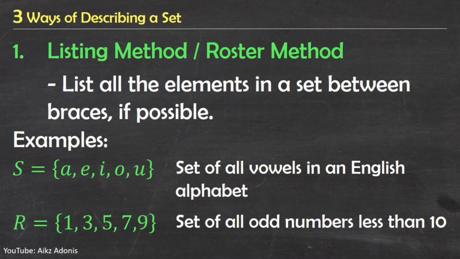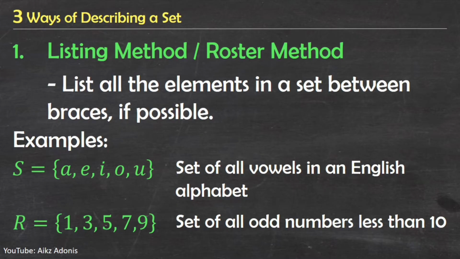For example, the set of all vowels in the English alphabet is represented by the set S, wherein the elements are a, e, i, o, u. As you can see, the elements, which are the vowels of the alphabet, are listed between braces.